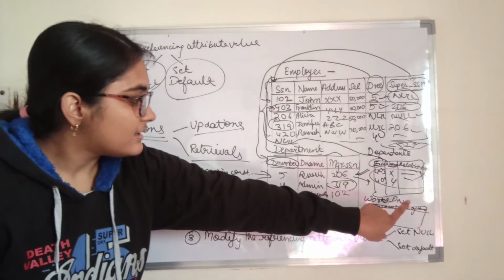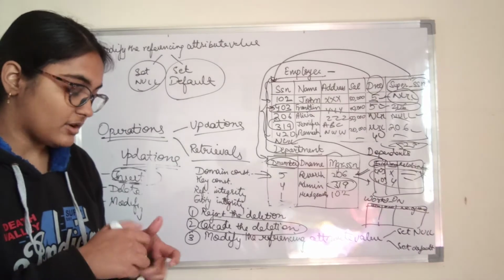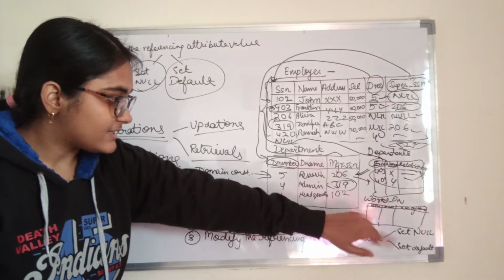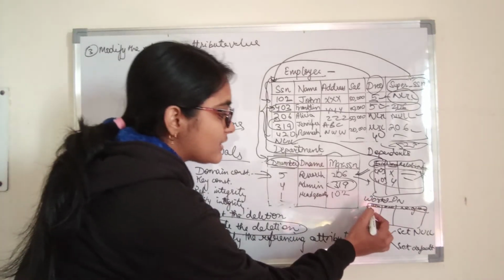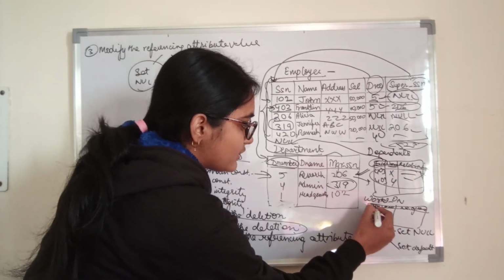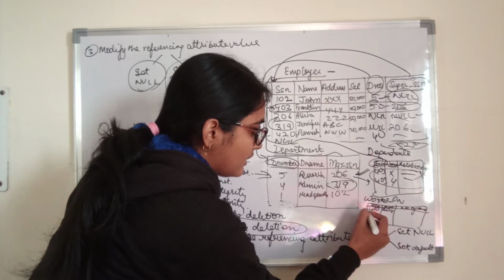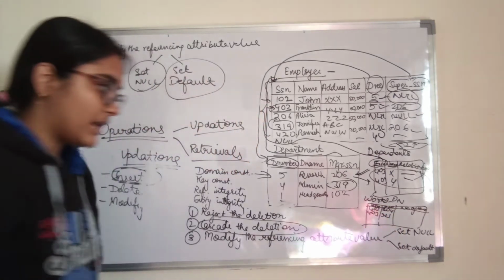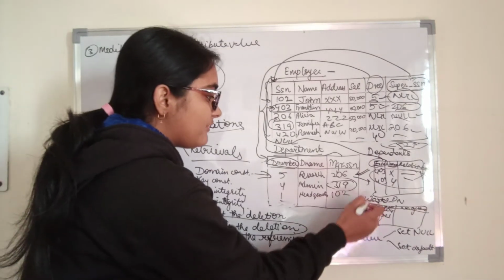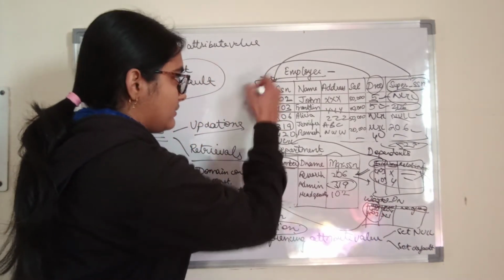The next case is the works on relation, right? So it stores information about an employee working on projects: 403 is working on 204, 403 is working on 321. Let us say this is the project number, right? So this is again referring to this particular attribute, right?